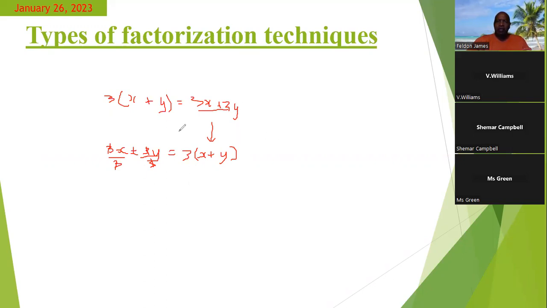You have to understand that when we're factorizing, we're writing an expression back so that we have brackets and numbers or whatever in it to multiply each other.